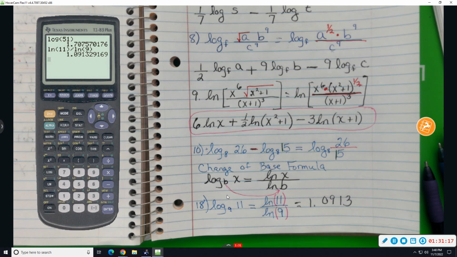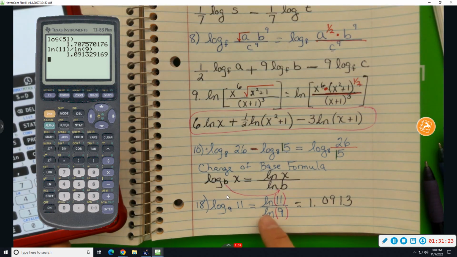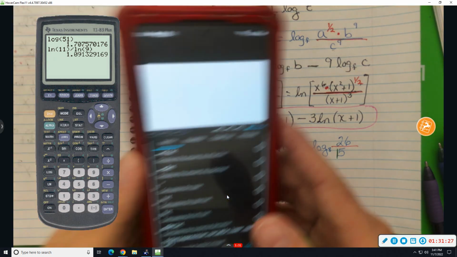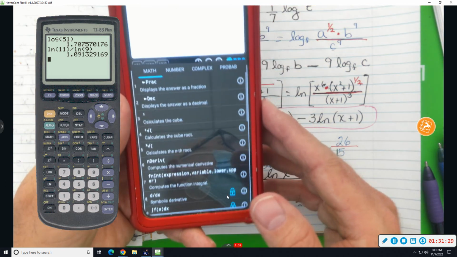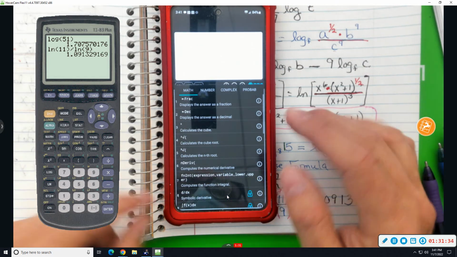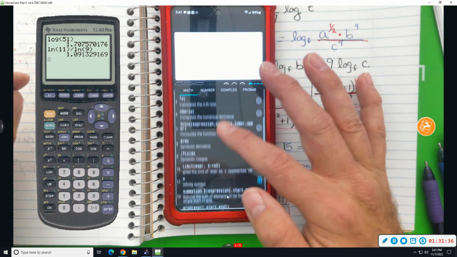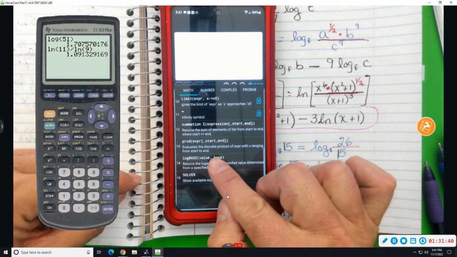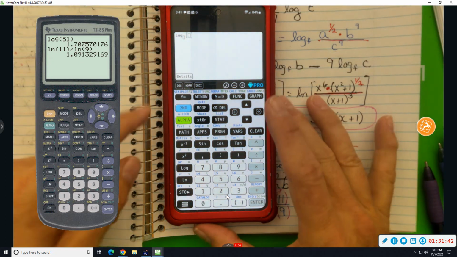It says Calc 84, and there's a way to do this without using the change of base. I'm not sure if it's worth the effort. You have to go to log base. You go log. Oh, look at that.